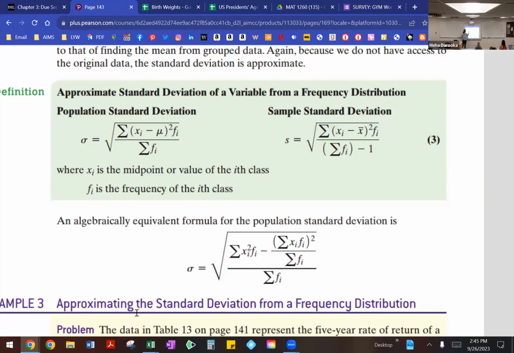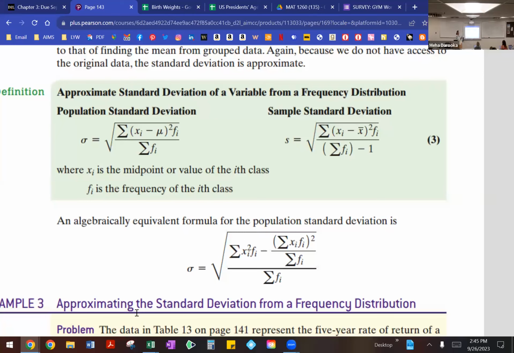So you will take class midpoint minus the mean, then you square that number, multiply by the frequency for that class, and then divide by the total of your frequency. So again, a very interesting way of calculating when you're dealing with classes as opposed to just static numbers. They're showing you a different version of the same formula here. So you can either use this formula for the population or you can use this formula down here.